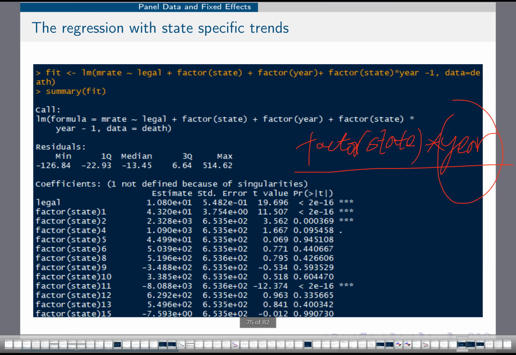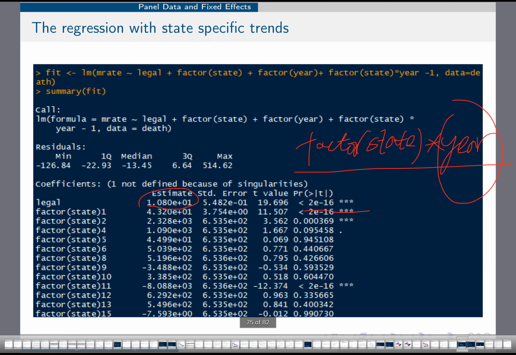So after we control for the specific time trend, we estimate the legal effect. This is the delta, and now it's actually significantly positive, meaning that although the number is much smaller than before, after we control the trend difference, we now know we actually get an unbiased, correct, true estimate.